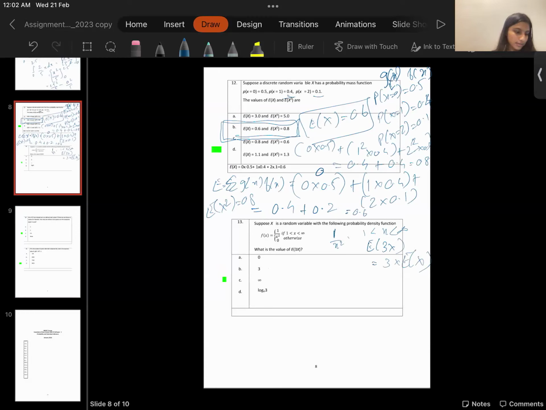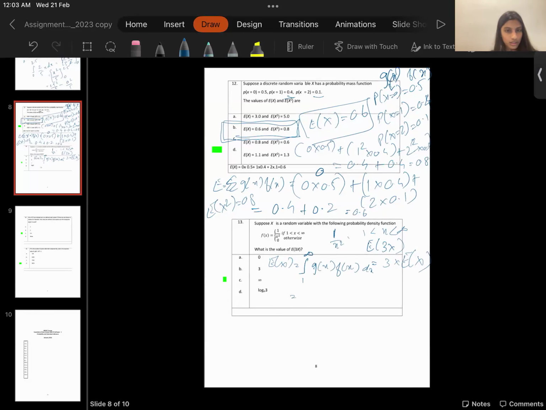Again, we know that E of x is equal to, in this case, integral from 1 to infinity of g of x, f of x, dx. Here g of x is 3x, and f of x is 1 by x square, dx.